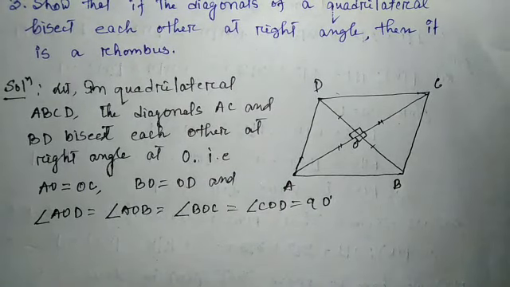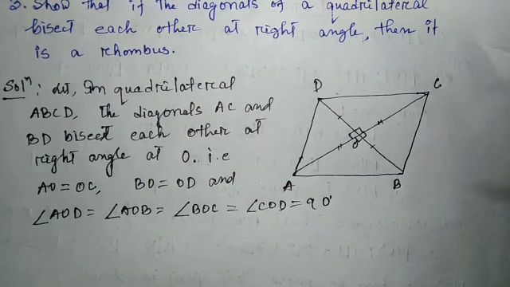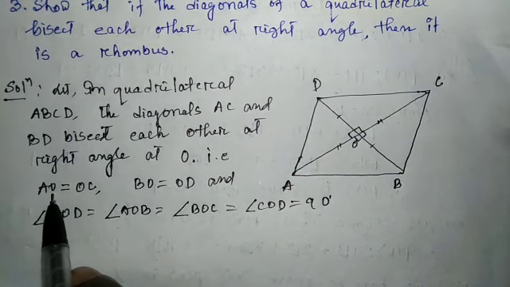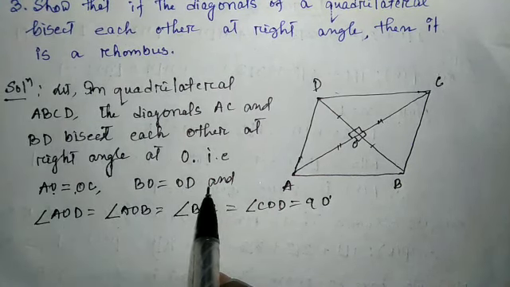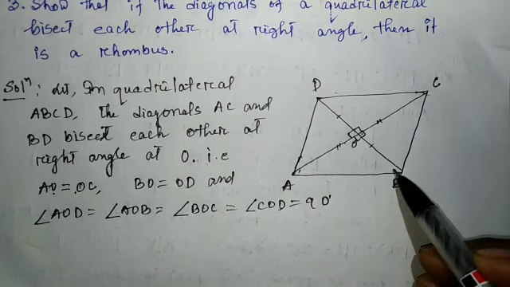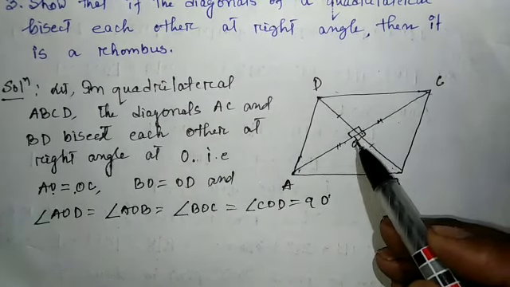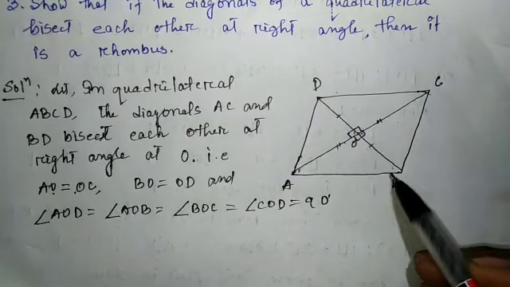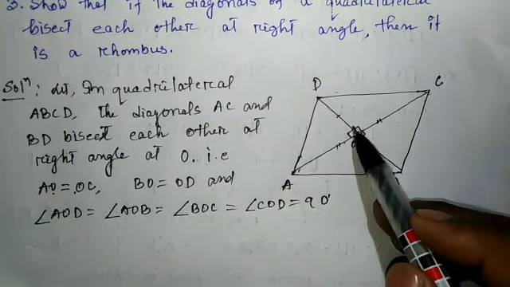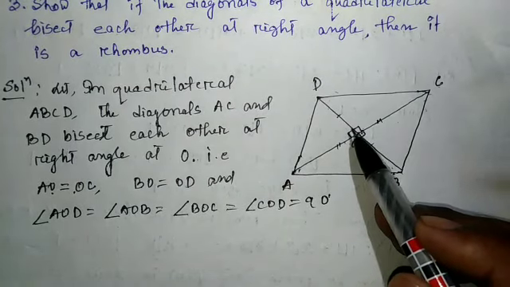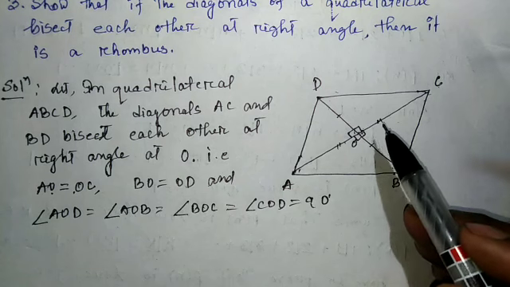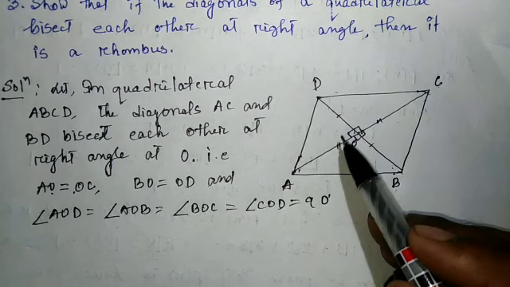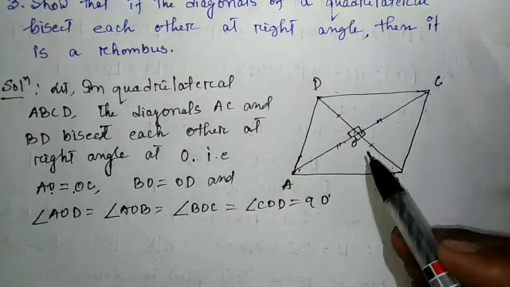Since it is said that the diagonals bisect each other at right angles, therefore AO is equal to OC and BO is equal to OD, and all the angles AOD, AOB, BOC and COD are right angles. Now we have to prove that this quadrilateral is a parallelogram.